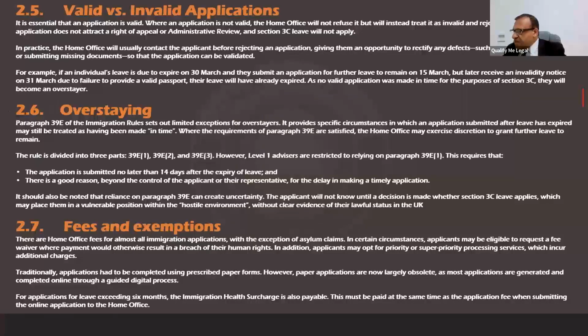Valid and invalid application. Any questions so far, please? Shanza, Zuma, Wafa, no question, no question at all. Okay, we'll have a bit of chit chat. I'll give you ample time to raise any question about any topic, but not at this stage. Let me finish this whole syllabus today because we have a few topics remaining.